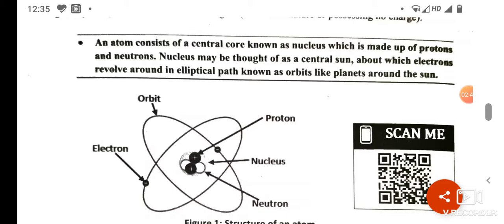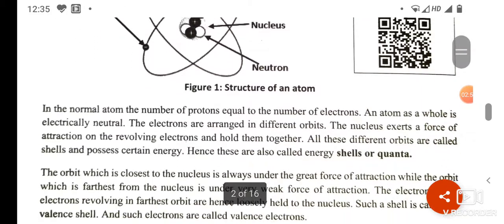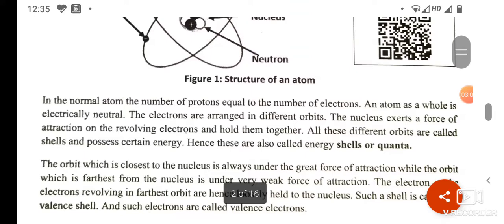Due to the attraction of the nucleus, electrons situated in elliptical orbits around it are held towards the nucleus, something like planets moving around the sun. In a normal atom, the number of protons is equal to the number of electrons. So an atom as a whole is electrically neutral.